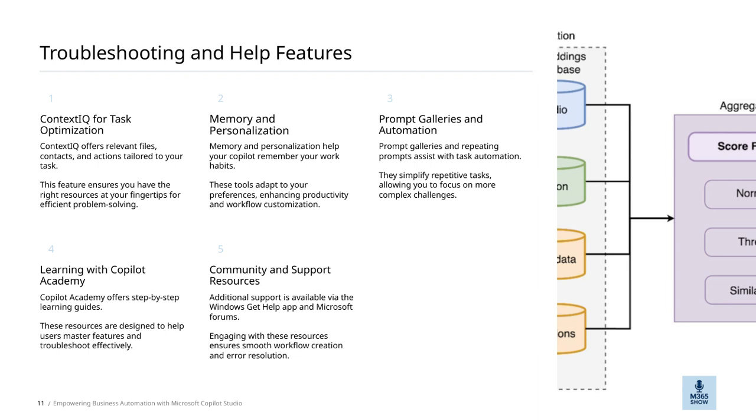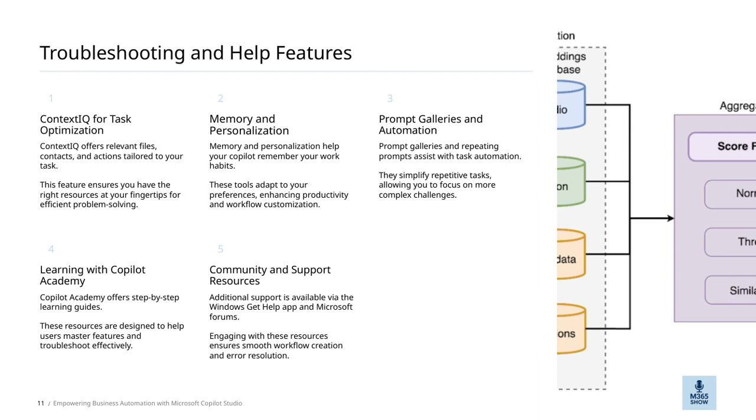Community and support resources are essential, and Copilot Academy provides step-by-step learning guides that help you master features and troubleshoot effectively. These resources are designed to make learning easier and more efficient, so you can get the most out of Copilot Studio.